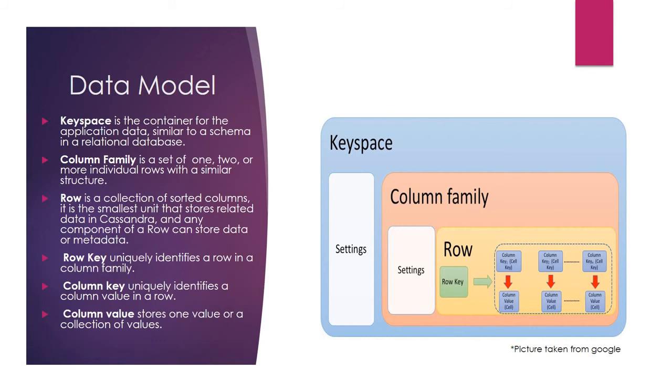In this slide, we're going to discuss the data model that Cassandra is built on. These are the terminologies that we will be looking at. Someone who is familiar with relational databases can relate to this terminology and easily understand it.